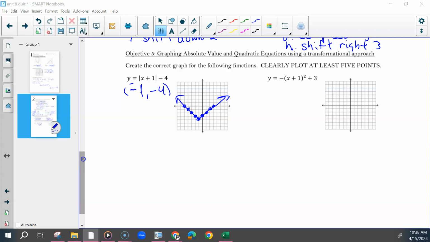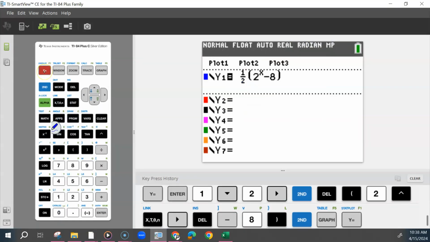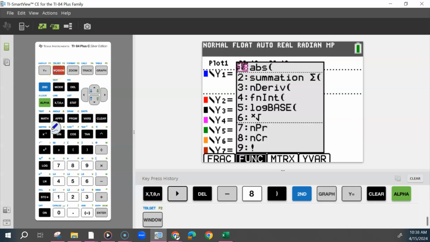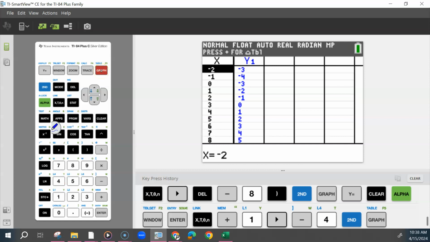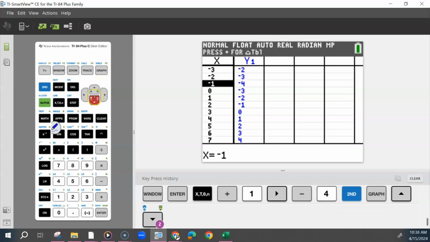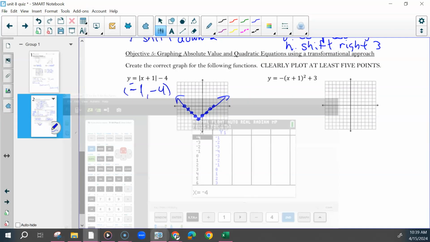If I graph that, if I went into alpha window, absolute value, and I went into the table, I could find my vertex point and then graph the other points also. So you can do it either way.